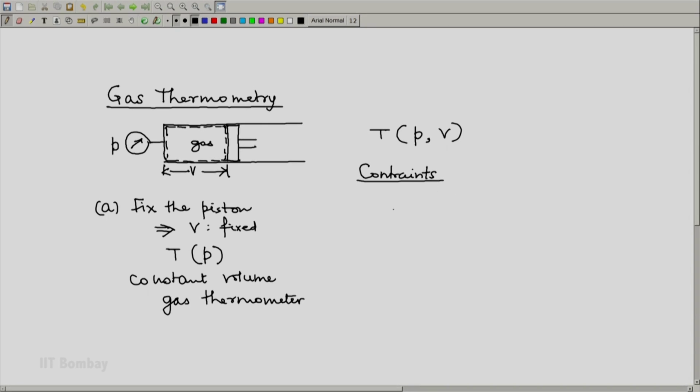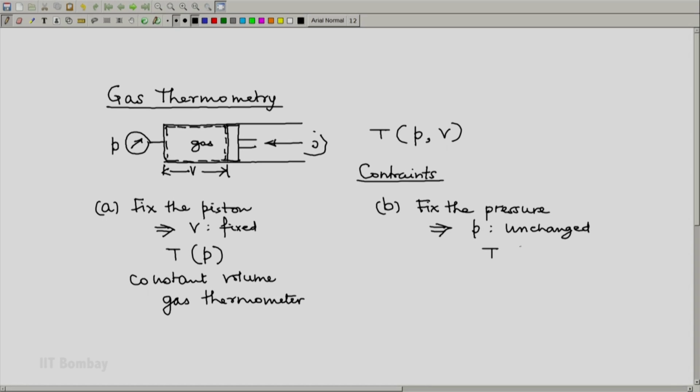The other possibility is keep the piston exposed to a fixed external pressure. So P remains unchanged. If we have a frictionless piston, it is not difficult to maintain P unchanged.